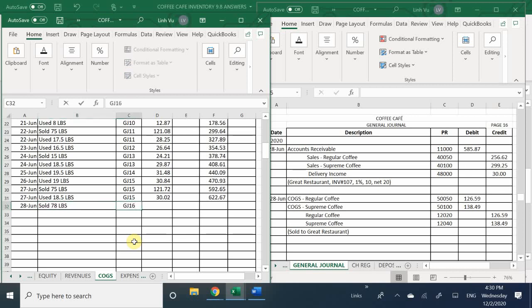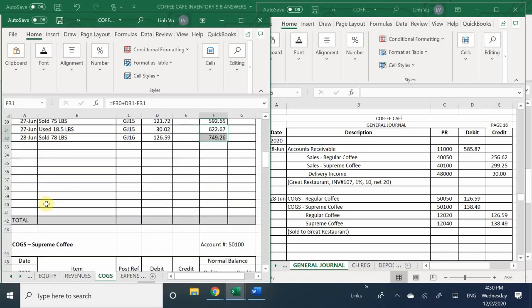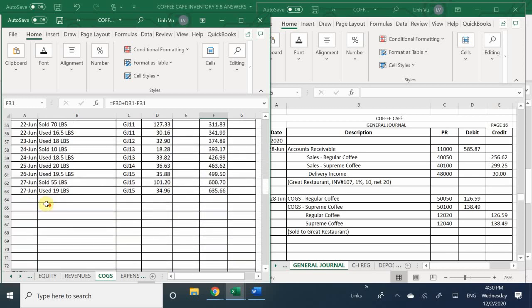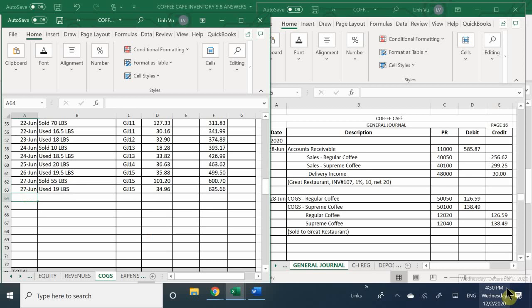So that was $126.59 in the debit column, bringing the total to $749.26. That what you got too? Yes, that's correct. I just want to make sure you were where I'm at.